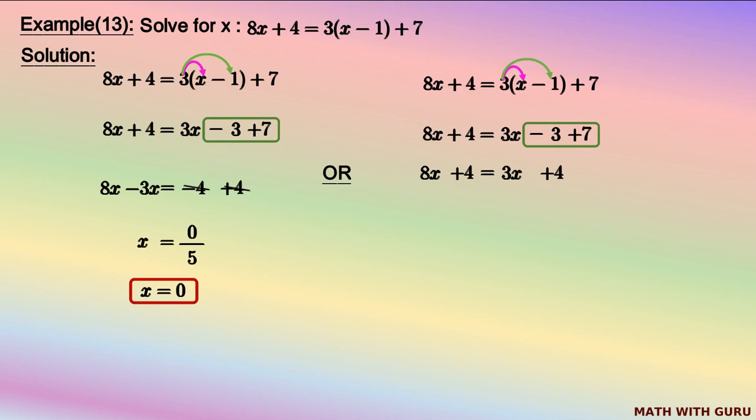In such cases, we can directly cancel like this. Plus 4 and plus 4 get cancelled. We get 8x equals 3x, bring 3x to the left hand side. 8x minus 3x equals 0, 5x equals 0, x equals 0 divided by 5, x equals 0.